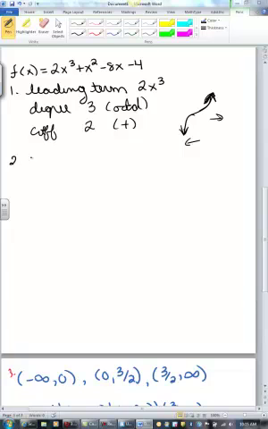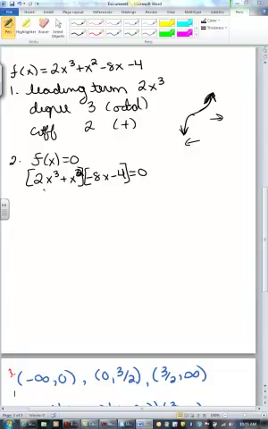We have to take my function and find f of x equals 0, so we set it equal to 0. The way that we solve this is we're going to use factor by grouping, and we've done this many, many times now.